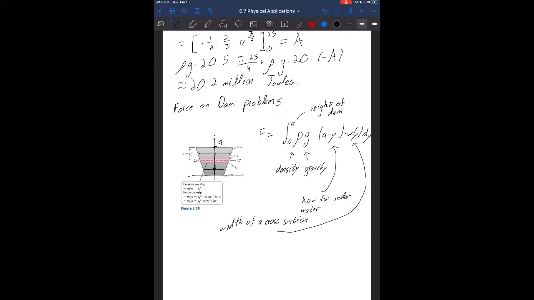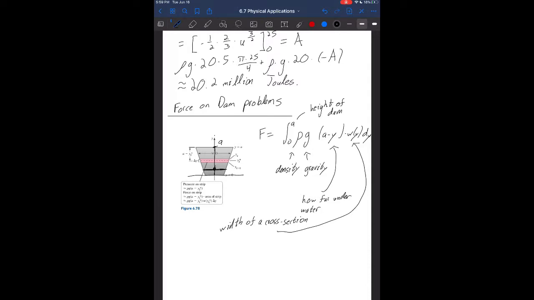In this problem, the width is just going to be given by this width right here at some certain value of y. So for example, if you had a rectangular dam where the width was never changing, this width function would just be some constant, right? It'd be the width of the dam. But in problems like this, and we'll actually do a problem exactly relating to this picture right here, our width is changing. So we need to use a function for it.